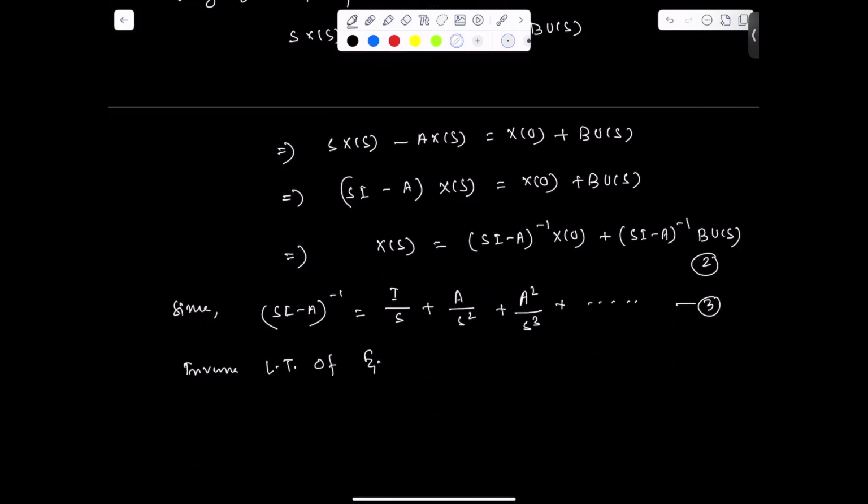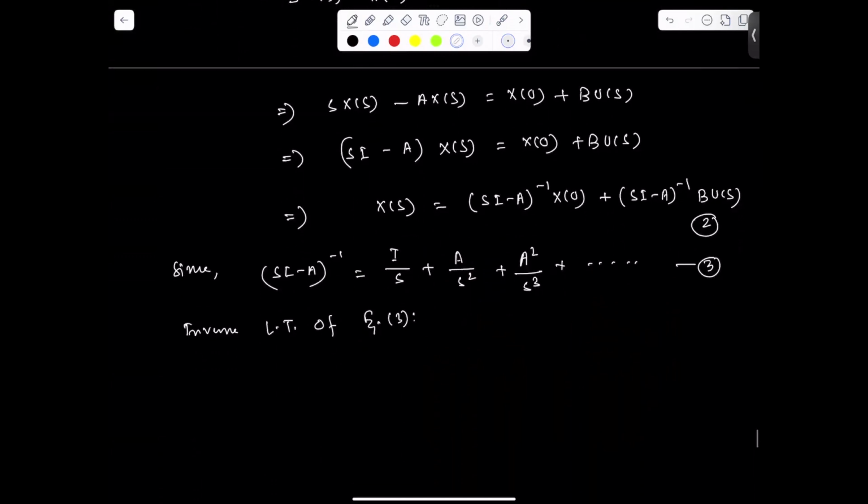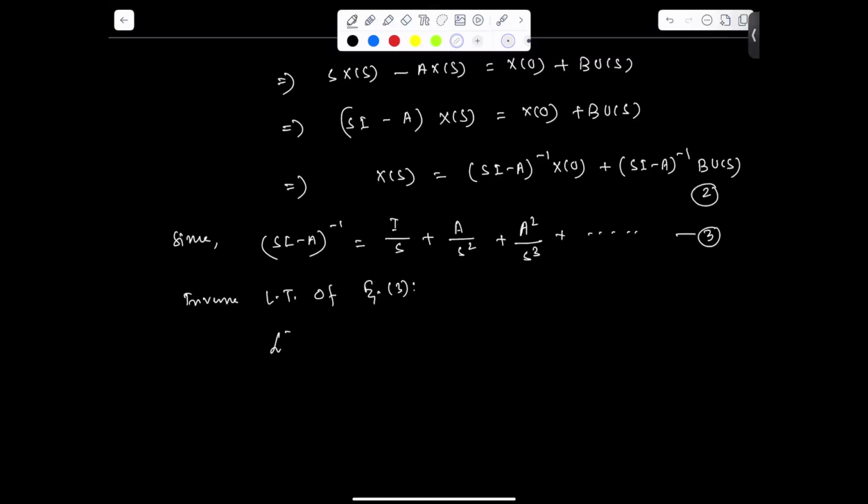Of equation 3, we can write the inverse Laplace transform of (sI minus A) inverse.